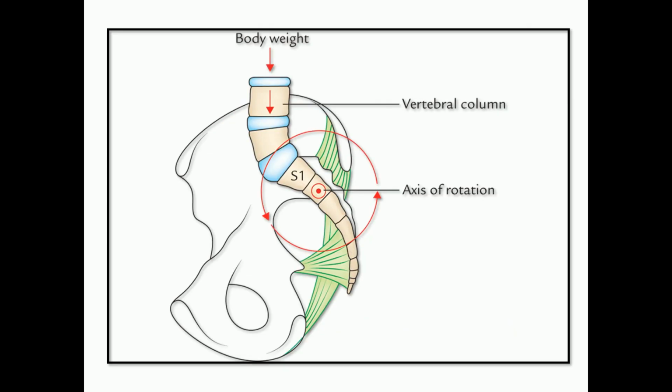This diagram shows the body weight from the vertebral column being transmitted to the sacrum, passing anterior to the axis of rotation at the sacroiliac joint. This is the axis of rotation at the sacroiliac joint, and this one is the body weight, which passes anterior to it.